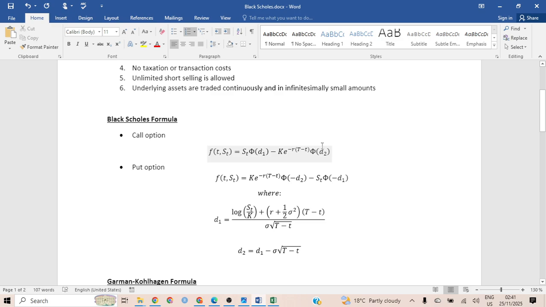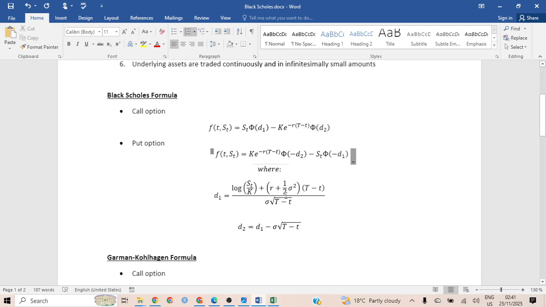The values of D1 and D2 are given here. The value of D1 is given by the log of the share price at time T divided by the strike price, plus, in a larger bracket, the risk-free interest rate plus half of sigma squared. This is the volatility. Then, into brackets, the time frame, all divided by sigma square root of the time frame.